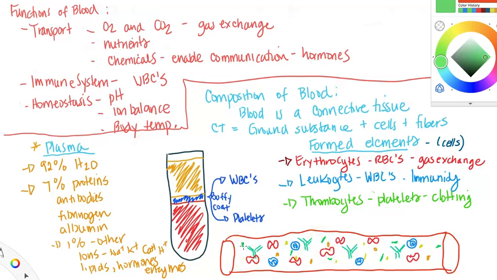So just looking at a vessel, it's full of stuff, more than just blood cells. So that's basically what's in blood and the functions of blood. So the next video we'll talk about erythrocytes and how they are structured and what they do.